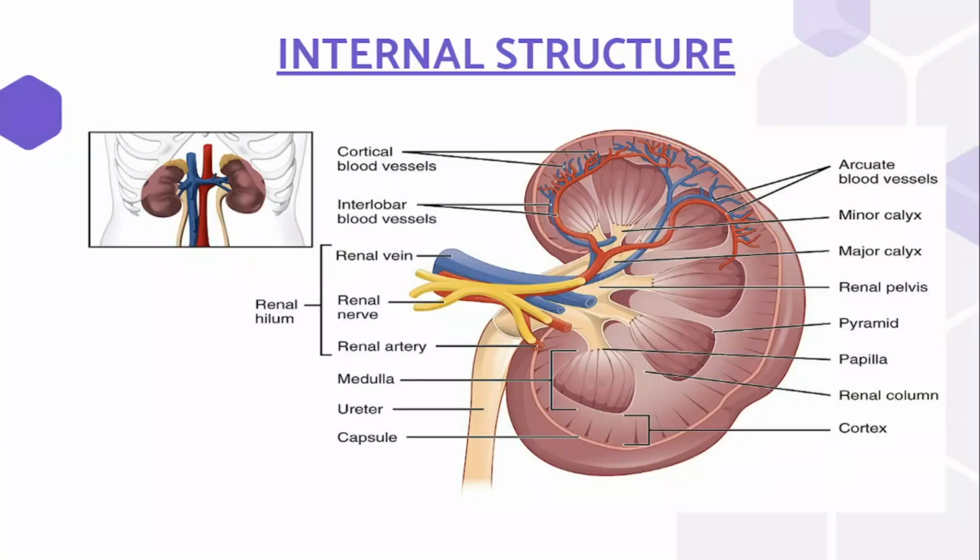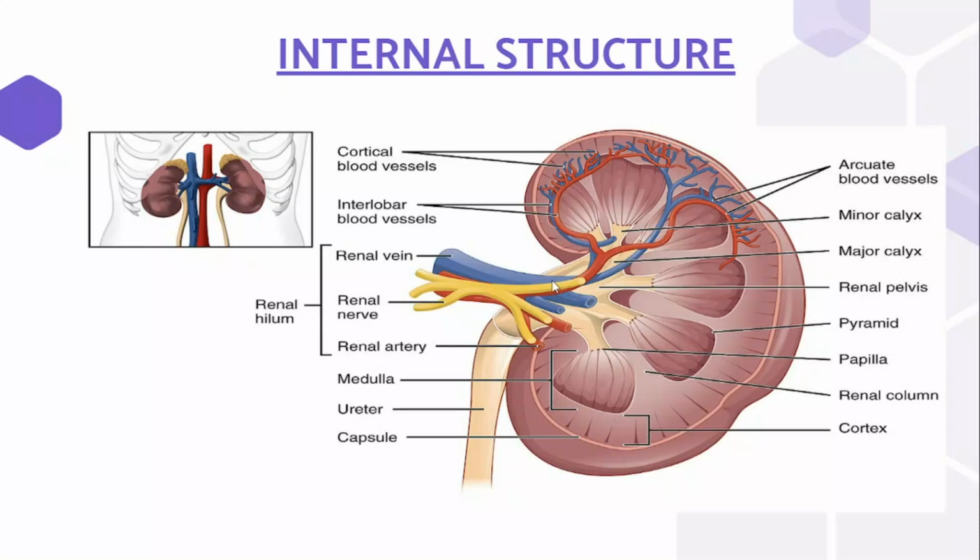This is the internal structure of your kidney. The outer region is called the cortex and the inner region is called the medulla. You can easily see the renal hilum, renal vein, renal nerve and renal artery.